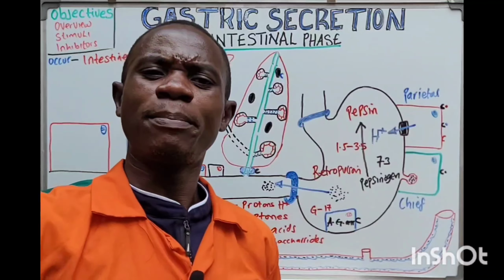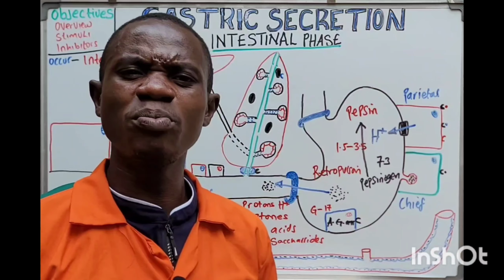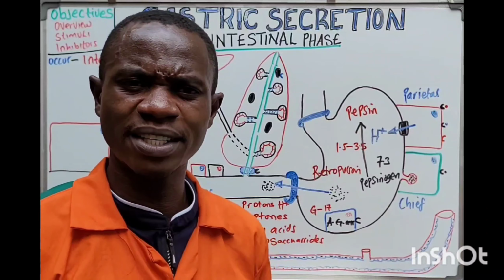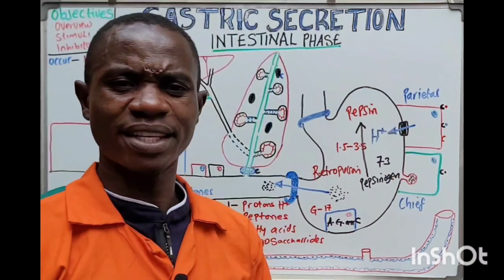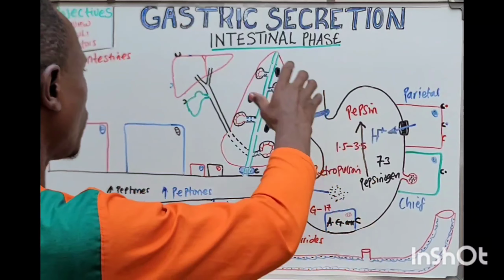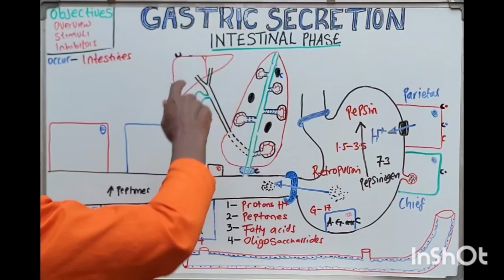Okay, now the proceeding mechanisms are going to be more and more of inhibitory factors. You're going to be taking more time and understand the inhibitory factors of gastric secretion during the intestinal phase.